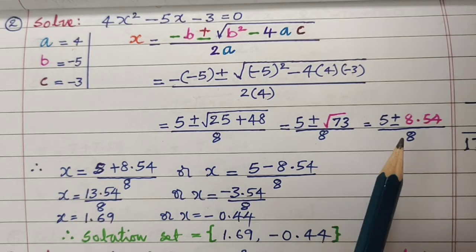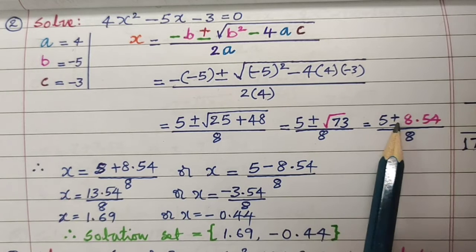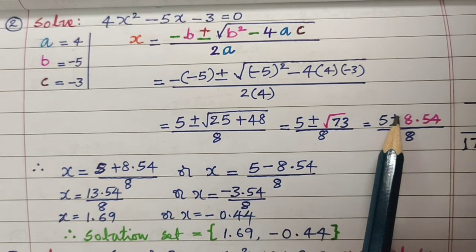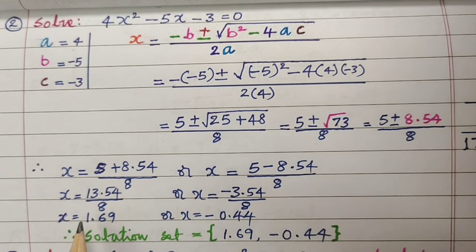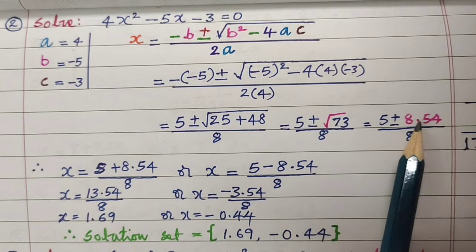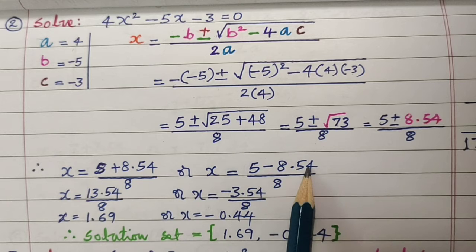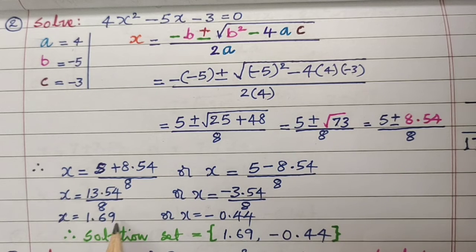Once you calculate the root of 73, the rest will become easy. Use one plus and one minus and calculate for x by substituting plus 8.54 and minus 8.54. So then we'll get x is equal to 1.67 and x is equal to minus 0.44. Therefore the solution set is 1.67 comma minus 0.44.